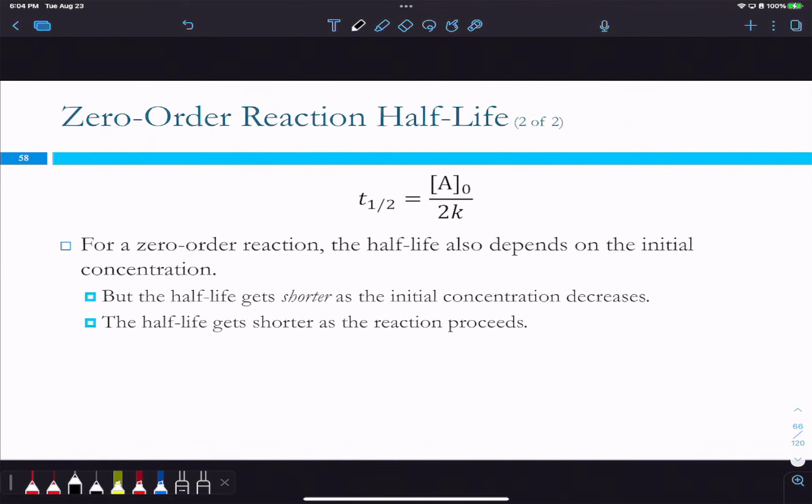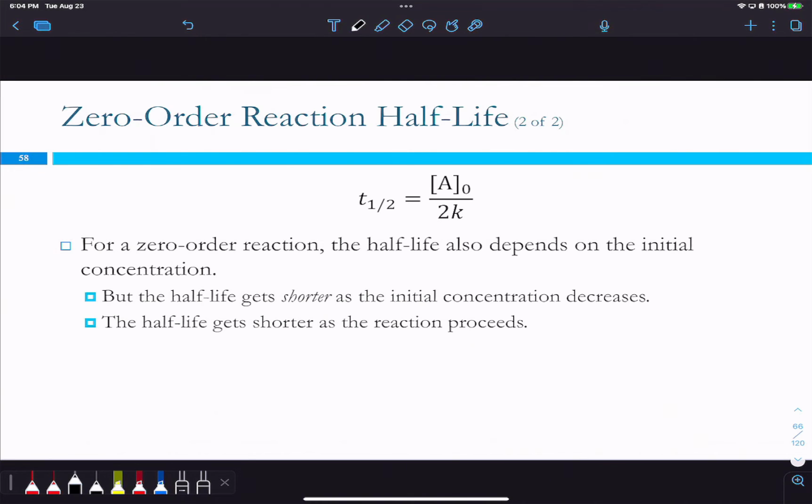So for zero-order reactions, again, our half-life is dependent on the initial concentration. But unlike the second order, so for second-order reactions, as the initial concentration goes down, the half-life goes up. For zero-order, as the concentration goes down, the half-life goes down. So it takes less and less time to get to half of your initial concentration. So half-life's getting shorter as the reaction proceeds.